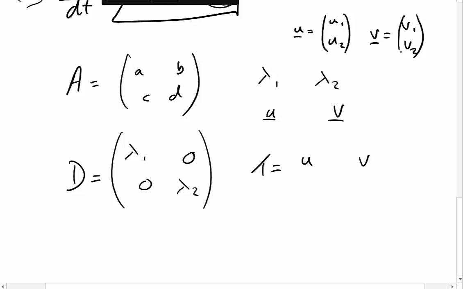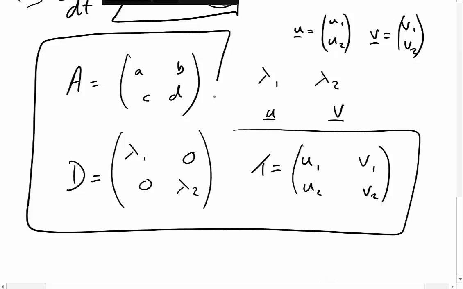So I'm just going to form a matrix out of the columns, where the columns consist of each eigenvector. So this is U1, U2, and this is V1, V2. These are now my three matrices that I'm going to be considering in this video to make my A into a diagonal matrix.